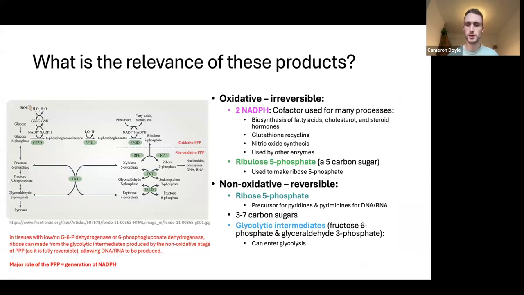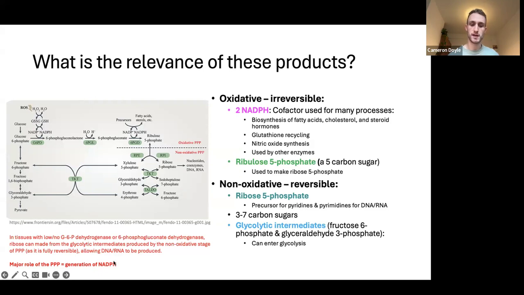As I briefly mentioned, ribulose 5-phosphate is essentially converted to ribose 5-phosphate. This is a precursor for, this should say purines, not pyridines, purines and pyrimidines for DNA and RNA, and also produces some glycolytic intermediates as seen there.